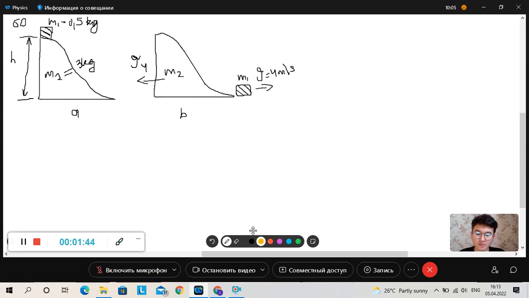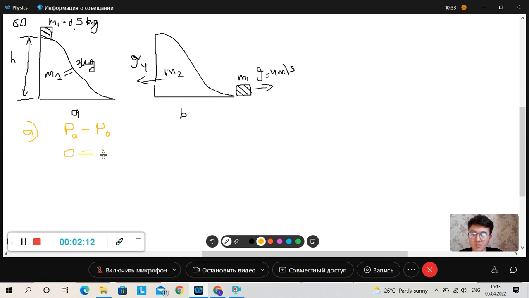First we need to find the first answer. In section A everything is at rest, so the momentum is 0.